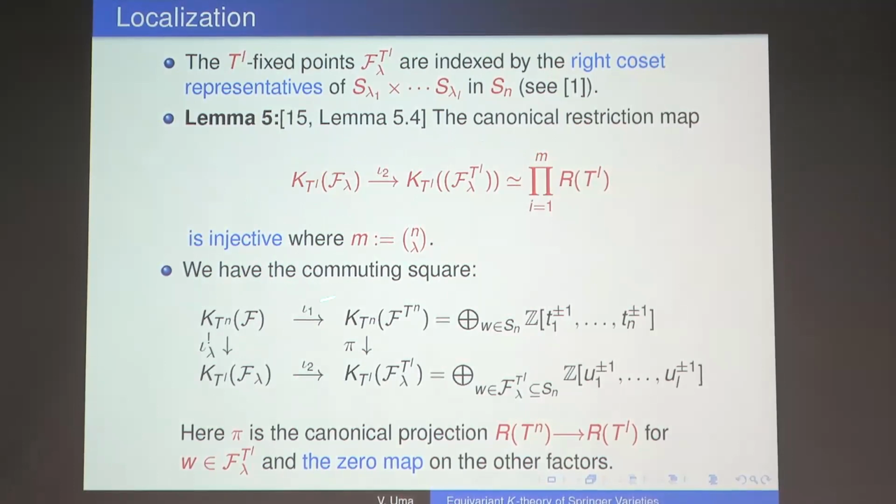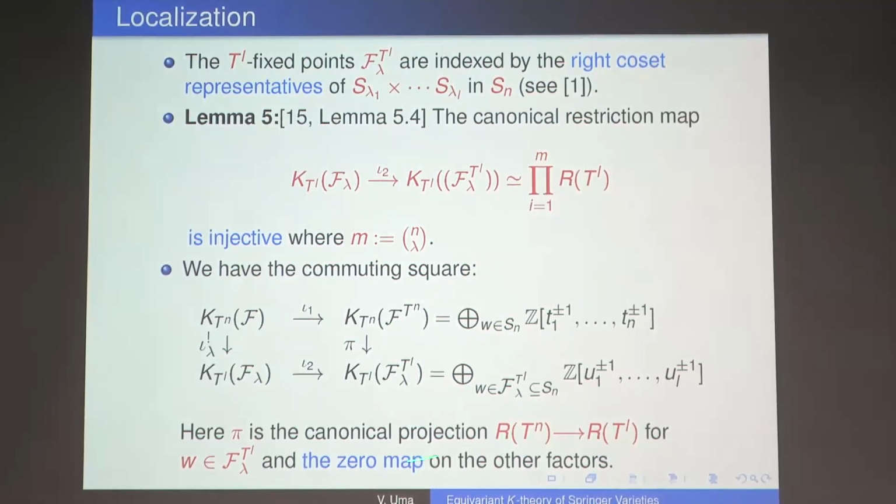And then we have this. We can do the same thing for the flag variety. We have this restriction to the fixed points, and here for the Springer variety, and we have a commutative diagram. This is coming from the restriction, and this map is given from the fixed point set to this fixed point set. But we know that whenever TL is included inside TN, we have the projection.